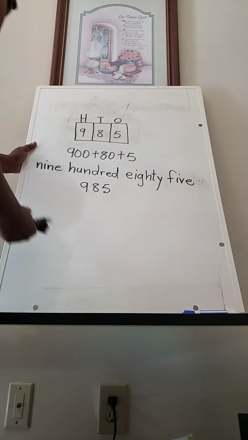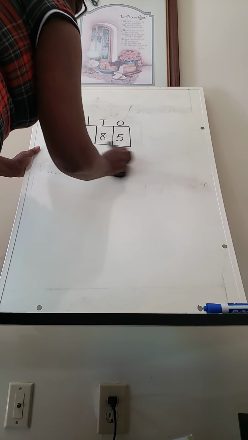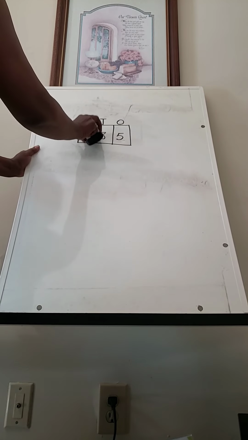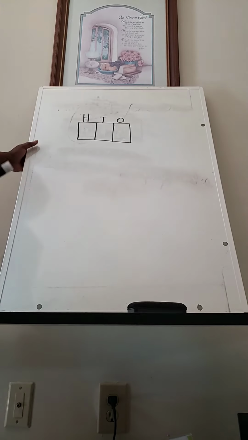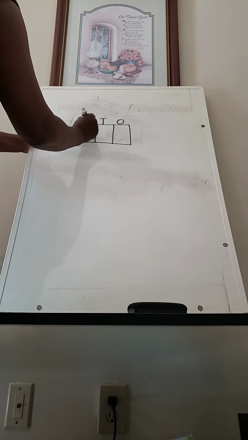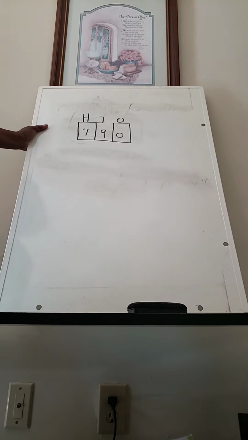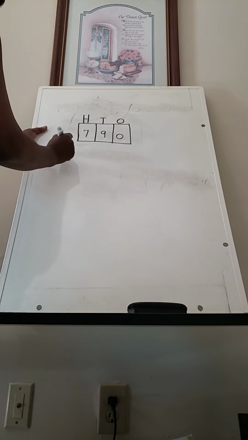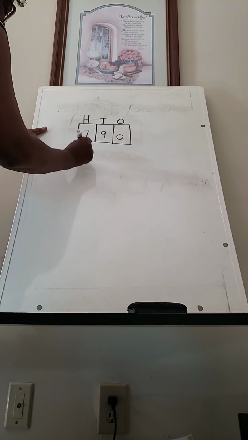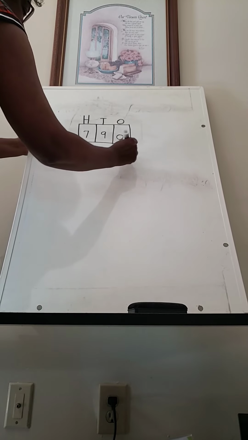All right. One more example. Okay, so let's say we had 790. We want to write this in expanded form. So we have 700 plus 90 plus 0.